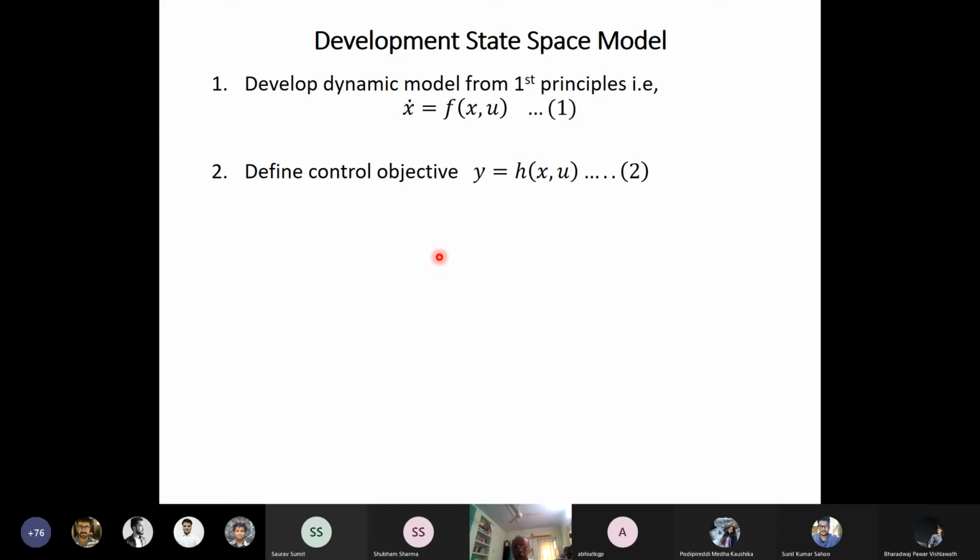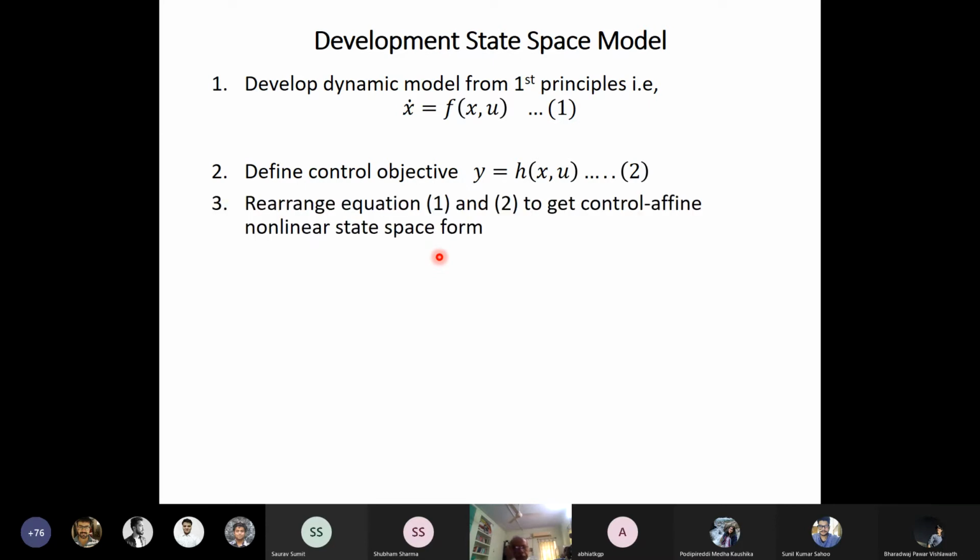Once you have that, then you rearrange equations 1 and 2 to get a control affine nonlinear state space form, which is x dot is equal to f(x) plus g(x) into u, and y is equal to h(x, u). So you'll get a nonlinear state space model.